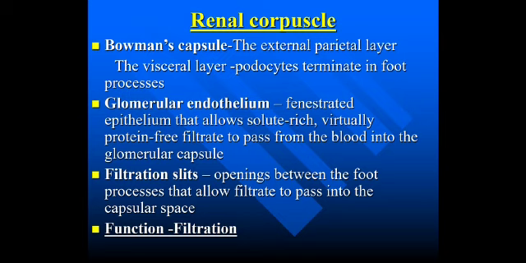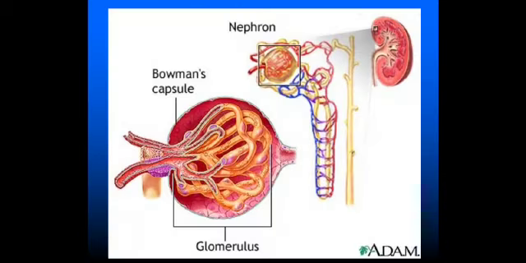These are filtration slits which open between the foot processes that allow the filtrate to pass into the capsule. Normally it depends on the charge and molecular weight. If it is more than 60,000, it doesn't allow it to get filtered. So the function of the Bowman's capsule is filtration.